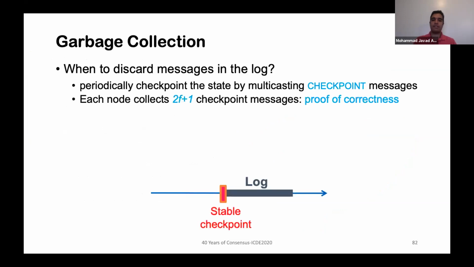We periodically checkpoint the state by multicasting checkpoint messages. If a node receives 2f+1 checkpoint messages, it is a proof of correctness. It can discard prior messages, and this is the stable checkpoint. Then at some later point, we have another checkpoint, and we can discard this part as well.